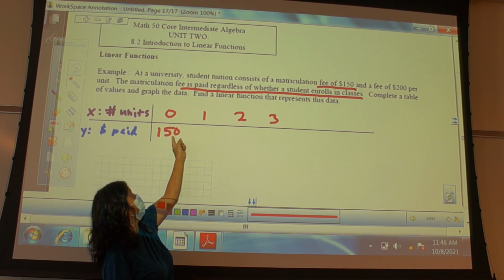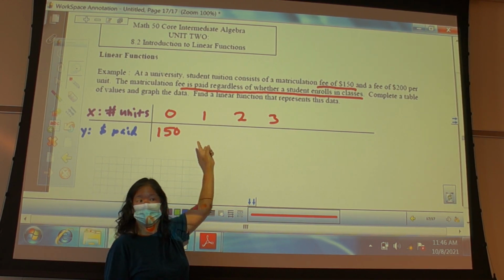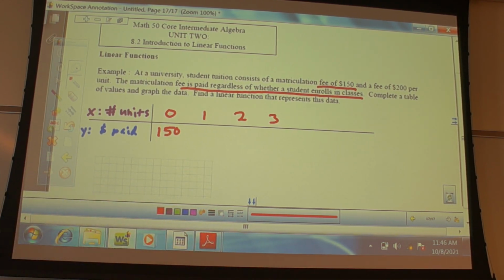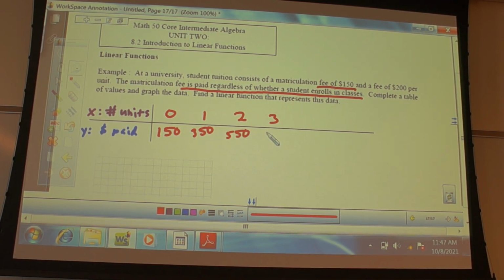So here, $150 no matter what, plus 1 unit, $200. Right? So how much is that? 350. If I take 2 units, that's 200 and 200 plus 150, 550, and 3 units, 750. Great.